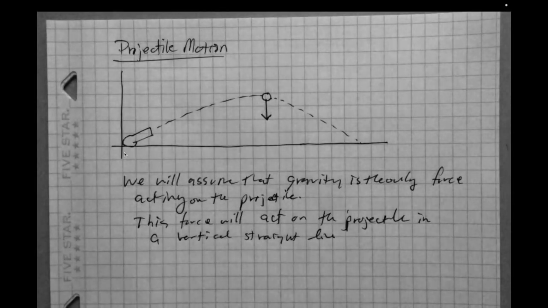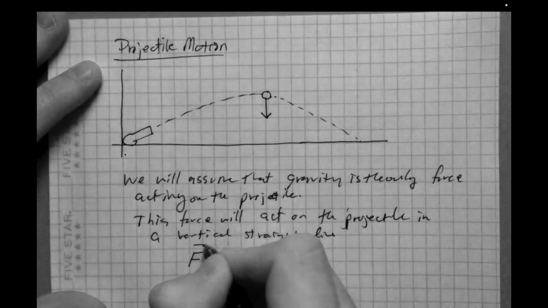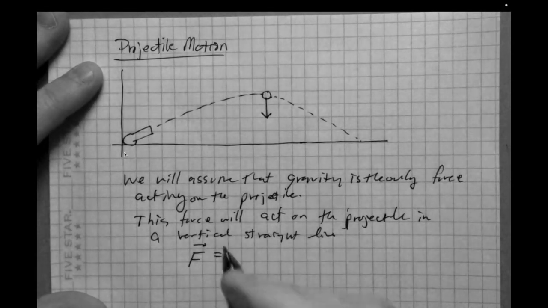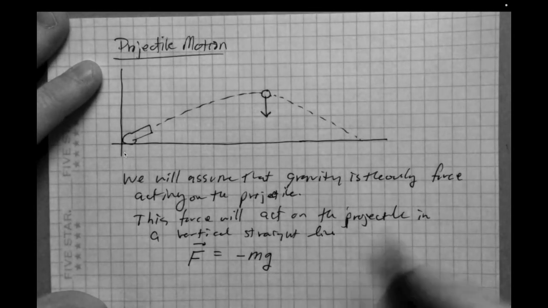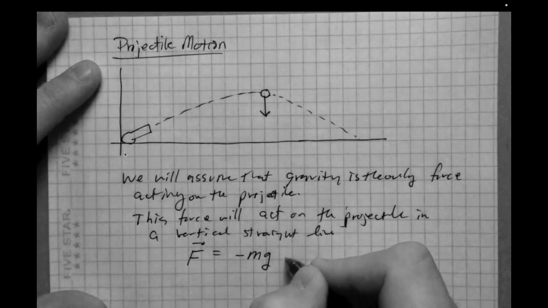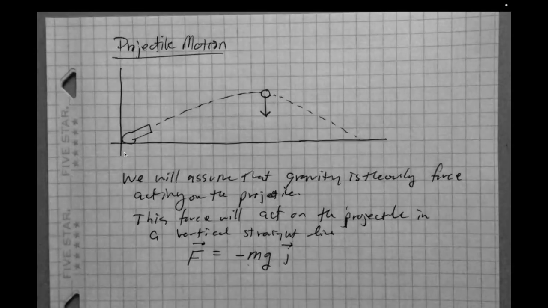For a projectile of mass m, the force due to gravity could be modeled using F, right? This is the force F equals negative mg, and then because it's vertical, we would use the j component there. And so m is the mass of the particle, and g is the gravitational constant, right?